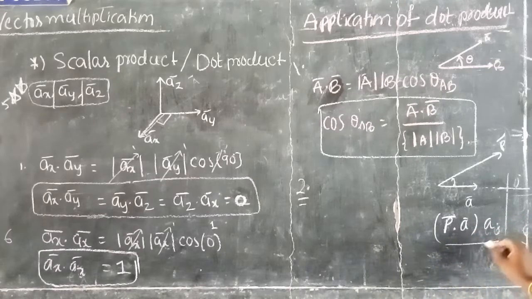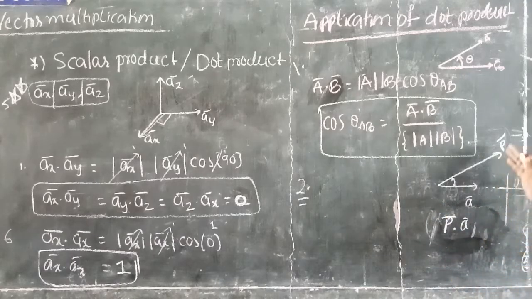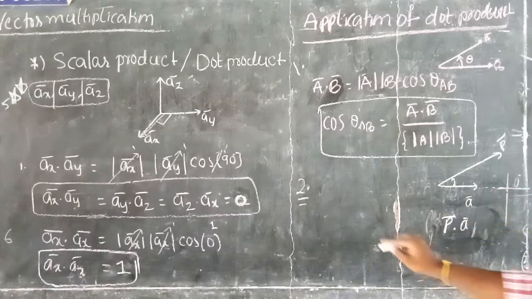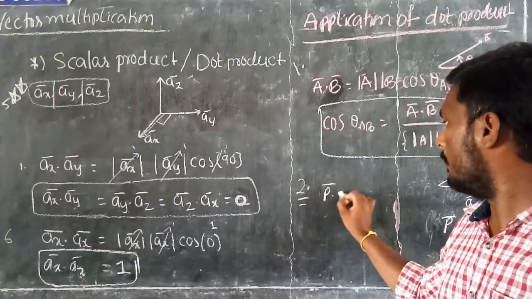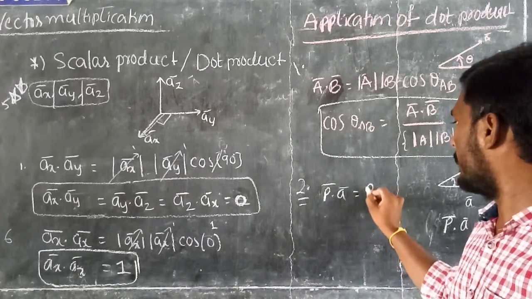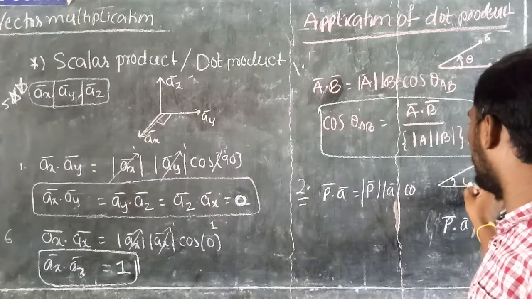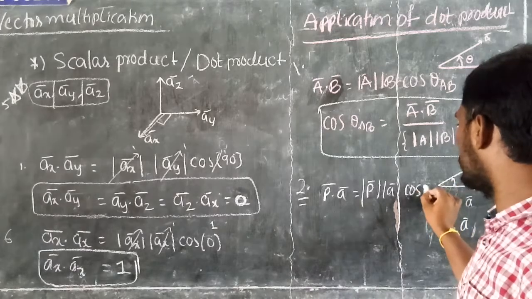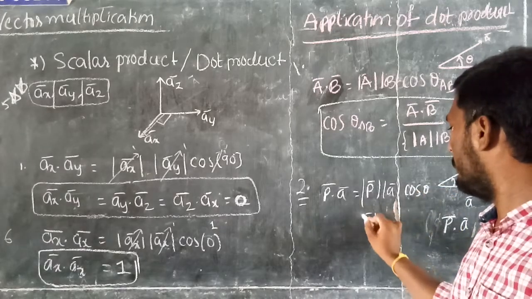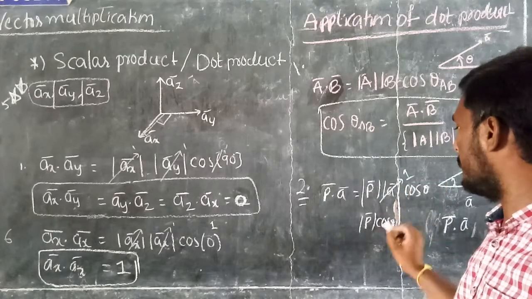If you calculate the dot product between p bar and a bar, it is equal to the component of p bar on the unit vector. So p bar dot a bar is equal to magnitude of p bar, magnitude of a bar, and cos of the angle theta. Magnitude of a bar is 1, so it is magnitude of p bar into cos theta.